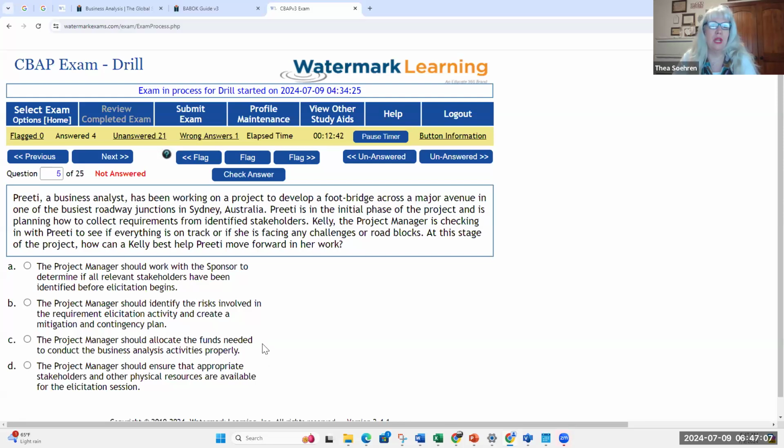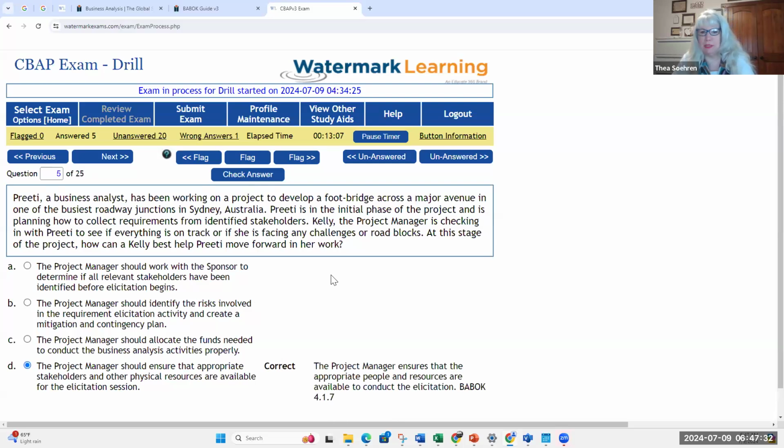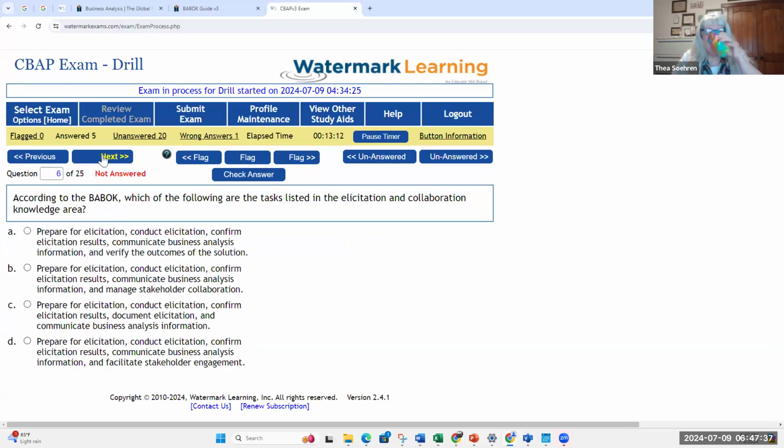The project manager should allocate the funds needed to conduct the business analysis activities properly, and ensure the appropriate stakeholders and other physical resources are available for the elicitation session. So for this one, I see a D and a D. That is exactly what the BABOK says the project manager's role is in this task. All right. Very good.